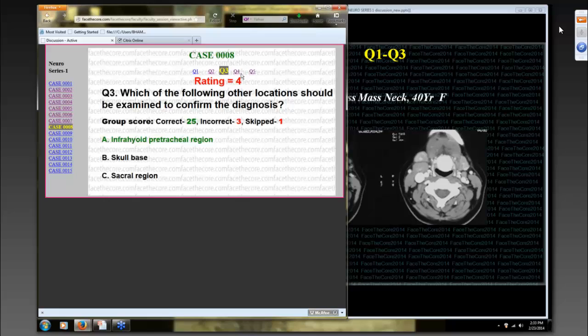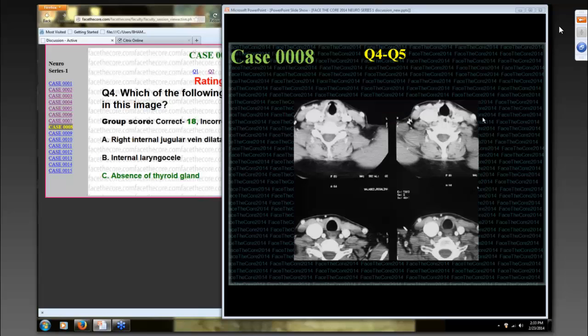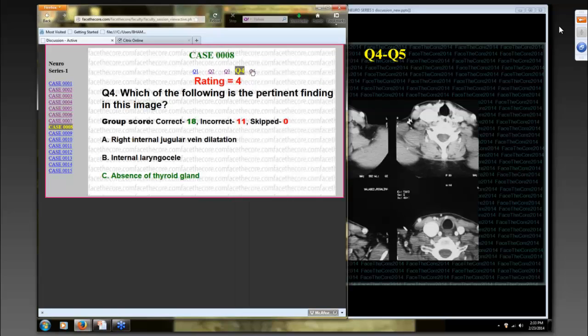So in these cases, you do expect that there will be no thyroid tissue in the normal expected pretracheal area. These images are showing the normal anatomy of the lower neck, but absence of thyroid gland in the pretracheal area throughout. So absence of thyroid gland is the most appropriate thing that you expect to see.